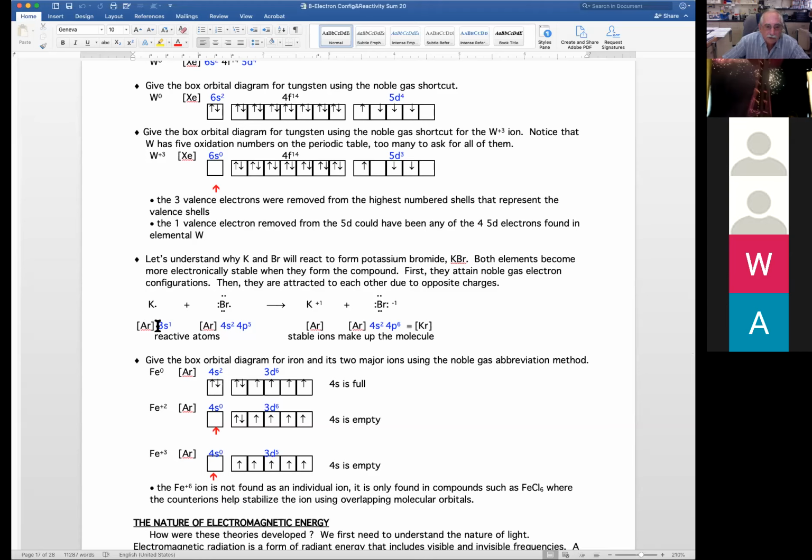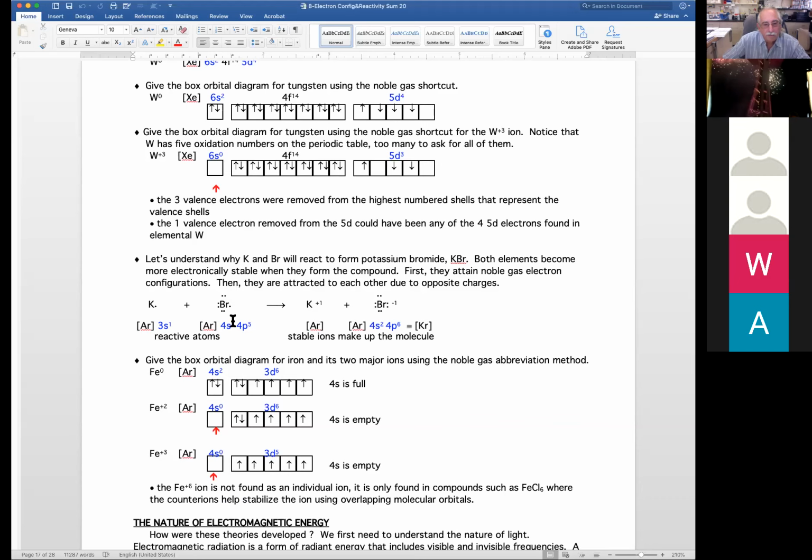So potassium has 1 valence electron in a 3s orbital. So I put the 1 dot there. Now, is potassium stable? No. What does it want to do? Get rid of that 1 electron right there. That's what it did.